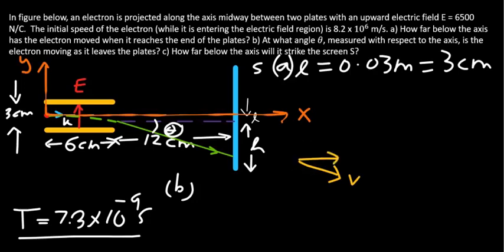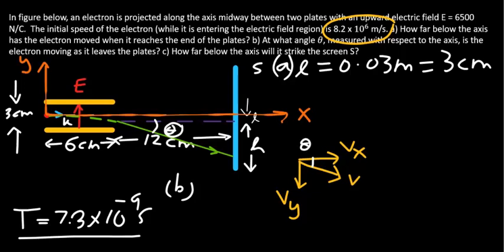So that is the x component of that velocity, which is indeed that number, because that does not change. Electron does not feel any force in a horizontal direction. What changes is the vertical component of the speed. So this is what you need to determine. If you can determine that, then this angle theta can be calculated.